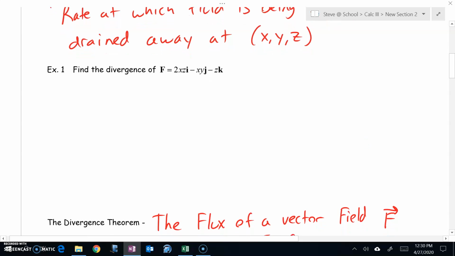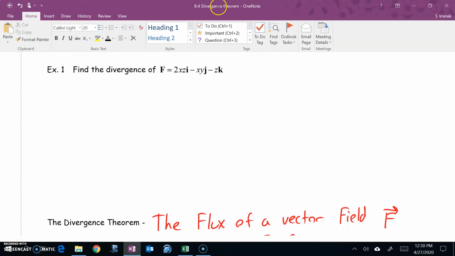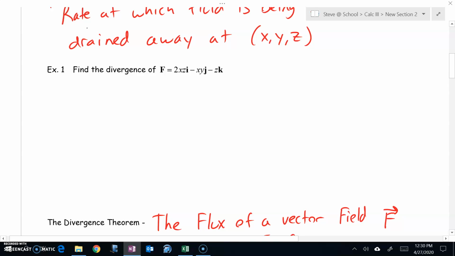So the divergence: find the divergence of this field given here. Again, the only thing we have to do is dot the gradient with the field. For the x, or i, component, we're going to take the derivative of the first piece with respect to x.